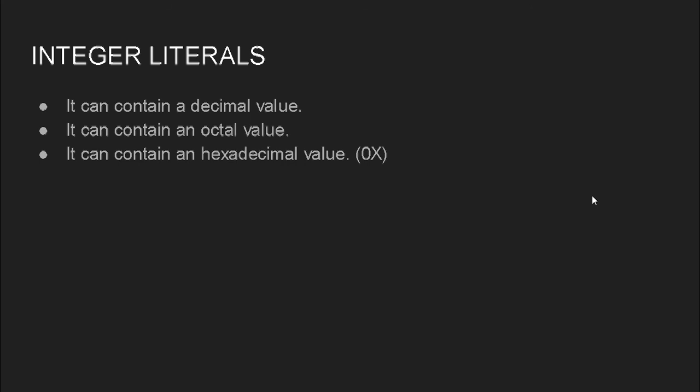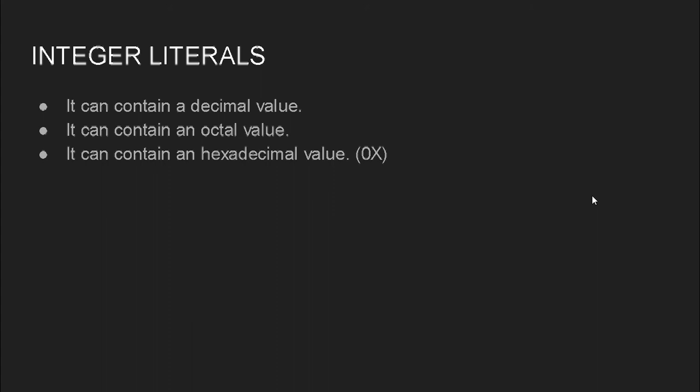If you talk about integer literals, they can contain either a decimal value, or an octal value, or a hexadecimal value as well. A decimal value means the base is 10, so the valid values are 0, 1, 2, 3, 4, 5, 6, 7, 8, 9.